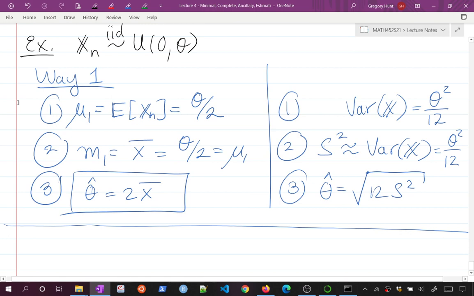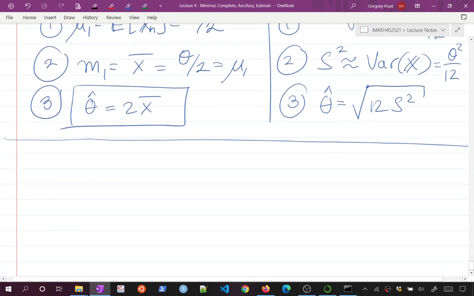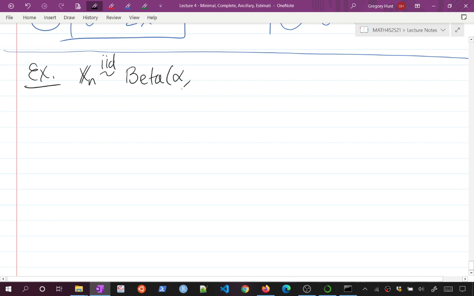Okay, let's just do one more example here before we end the lecture, because I think we're at a reasonable point to stop. I just want to do a bunch of these method of moments estimators. Here's another example. Let's say that our data comes from some beta distribution with an unknown parameter alpha, but the second parameter beta is known. So here we're basically saying that beta is equal to 1.